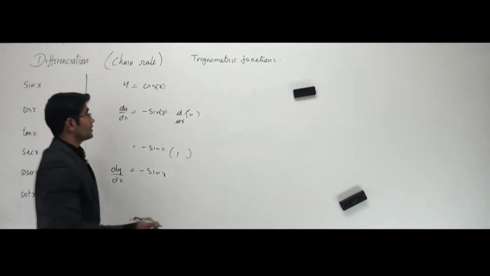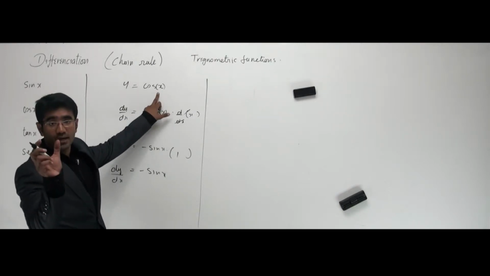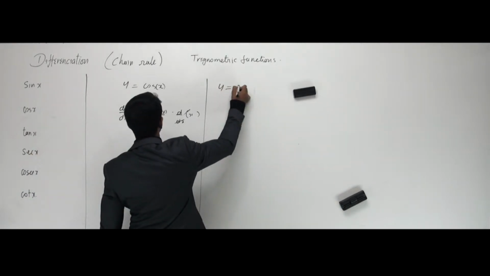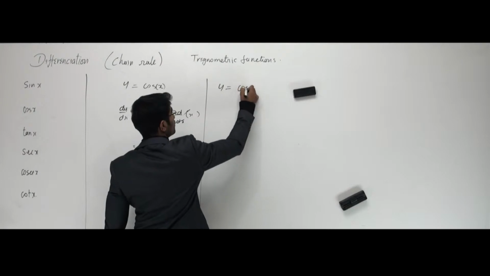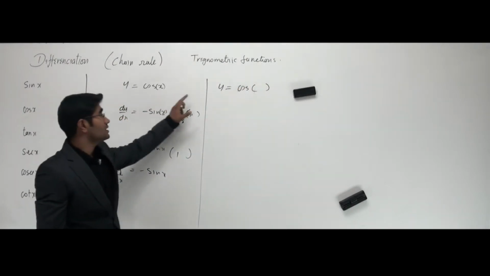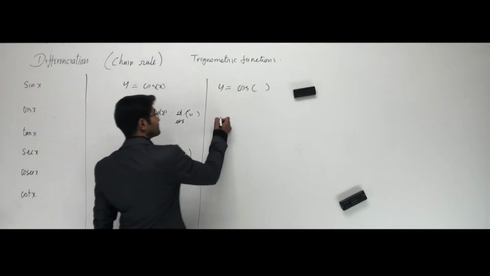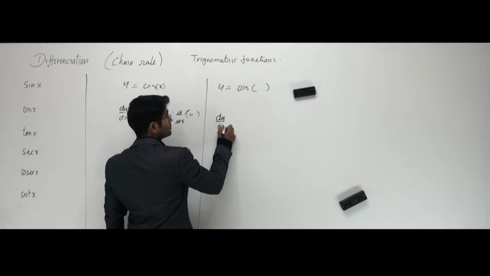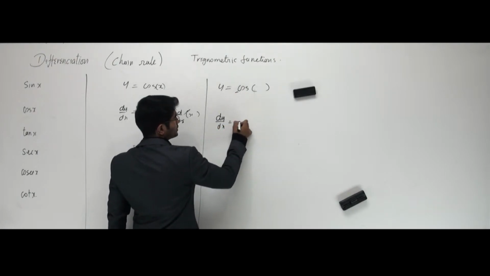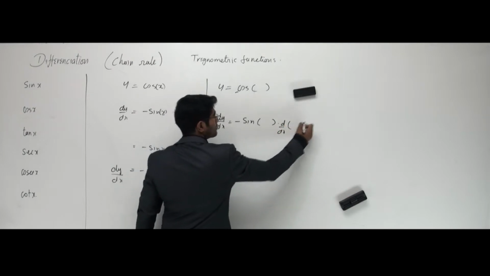Now if I write the same thing, but instead of x, let me just take a bracket. That goes like y is equal to cos of any function of x. Here the function can be anything else, but let me just take a bracket. So dy by dx would be cos is differentiated as minus sine of that bracket into d by dx of whatever bracket it is.